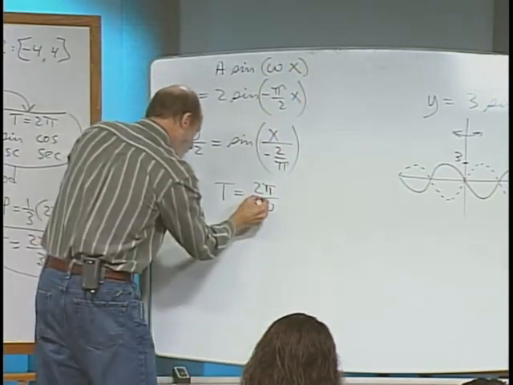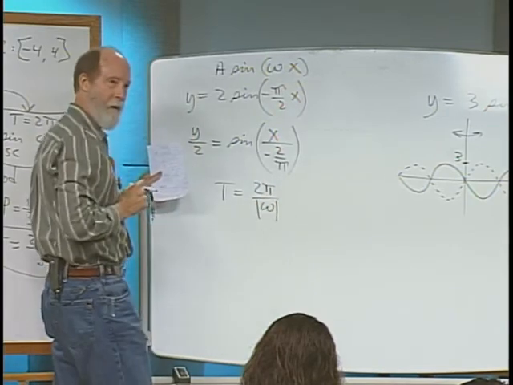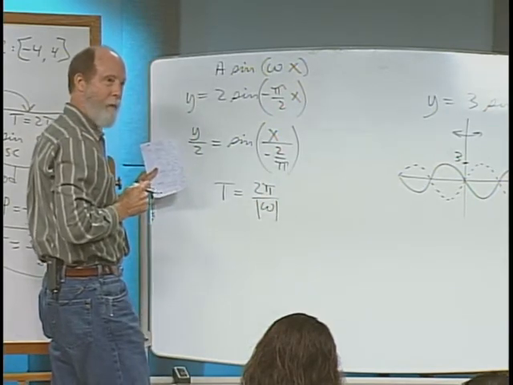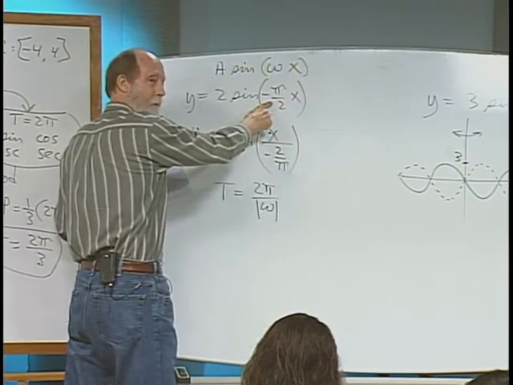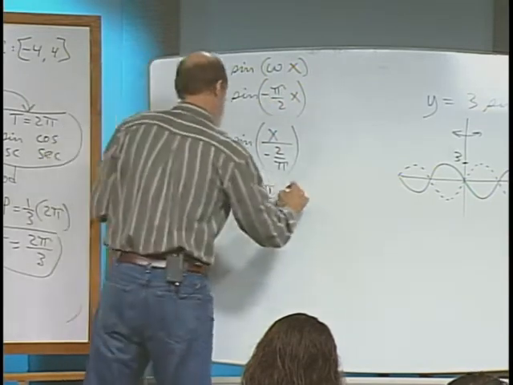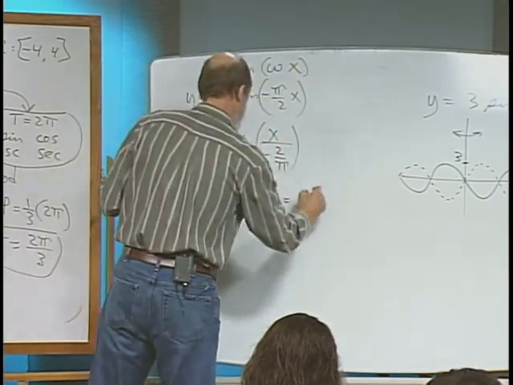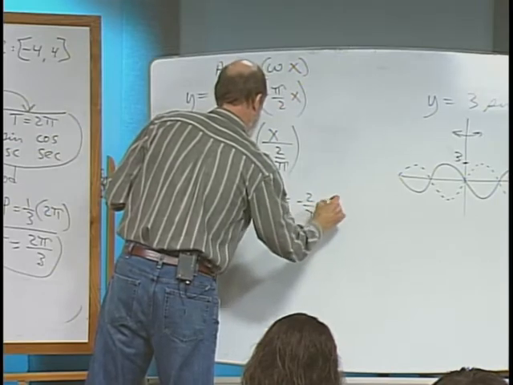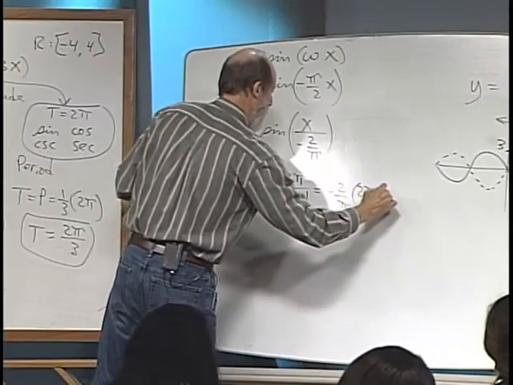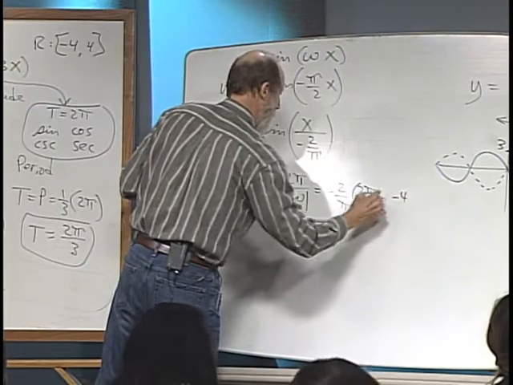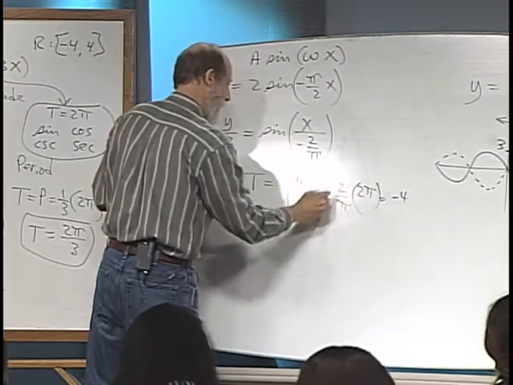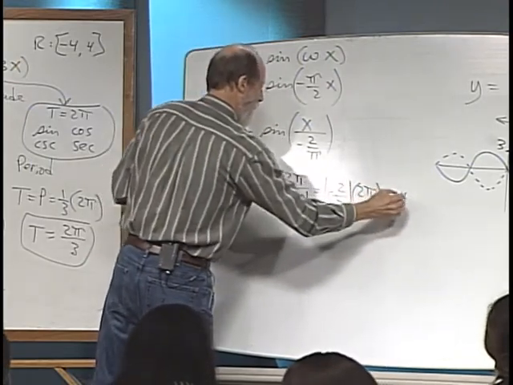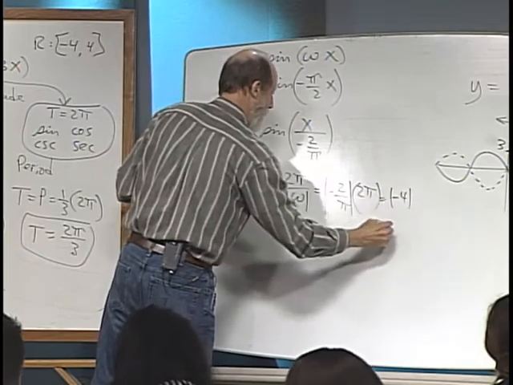So technically, their formula should have an absolute value of what you see sitting right here. Okay, and when you do that, this is going to be the same as -2 over pi times 2 pi, or -4, but you're going to take the absolute value of that, and you're going to end up with a +4 for the period.